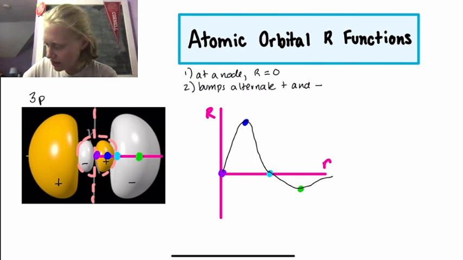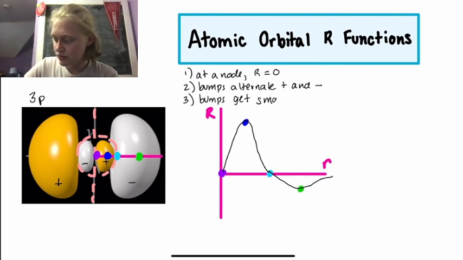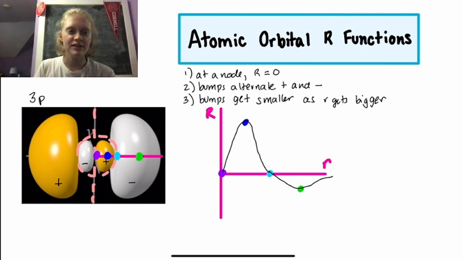All right, and third, you should notice that our bumps are going to get smaller as we move away from the nucleus. And that's because the electron is negatively charged and the nucleus is positively charged. So it's the most stable when it's right next to the nucleus.